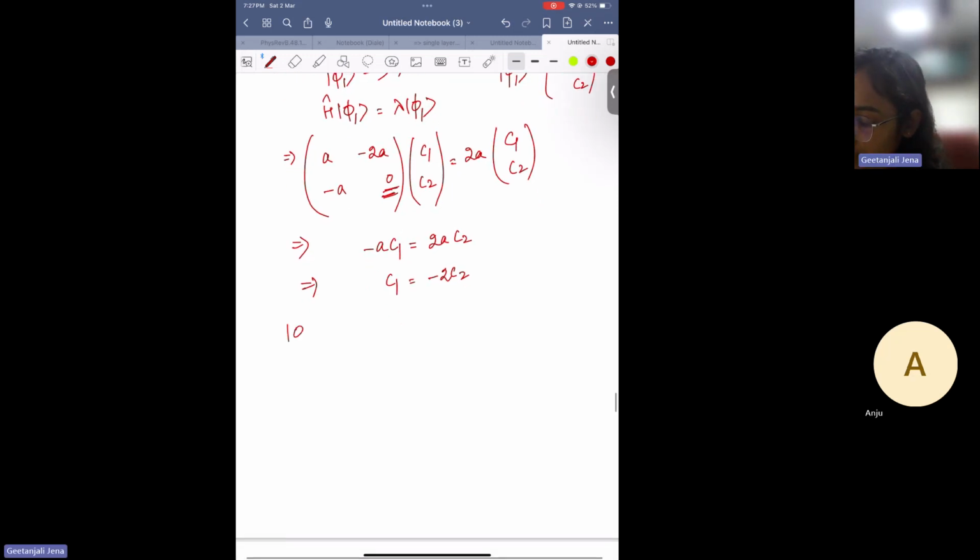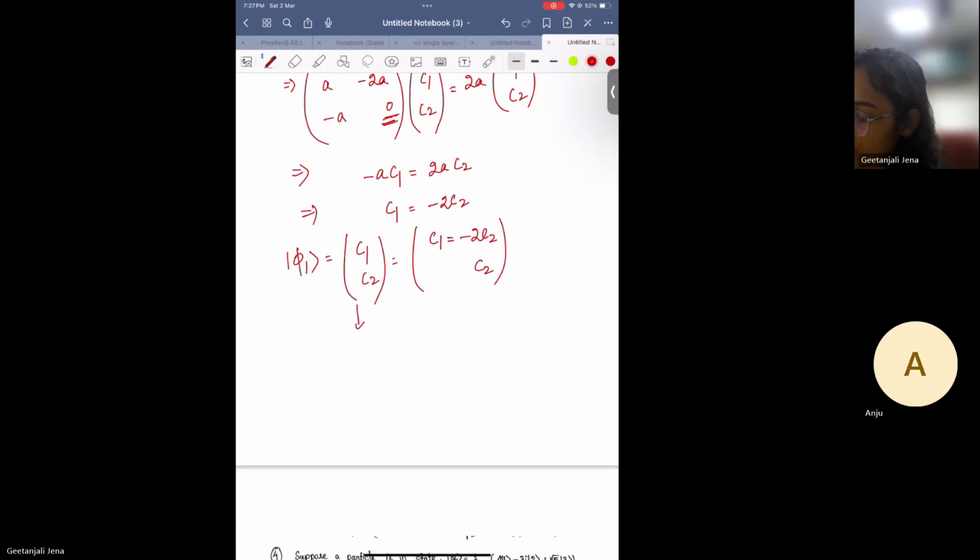So the eigenvector phi 1 is C1, C2, which is minus 2 C2 and C2. Now, if you normalize it, normalizing means you have to divide it by its norm, which is root of <phi 1|phi 1>.